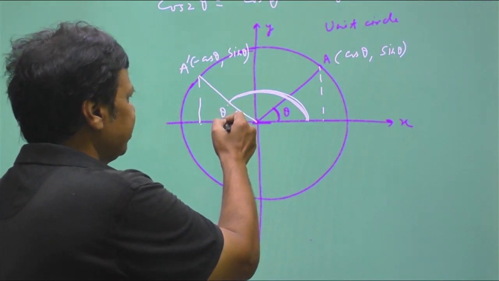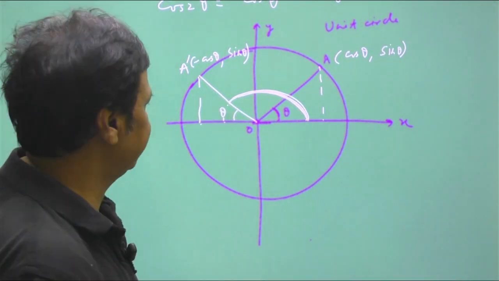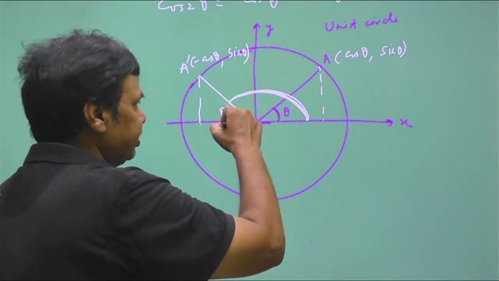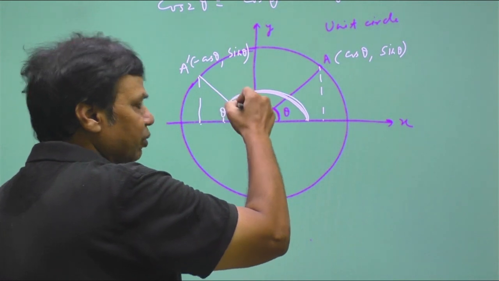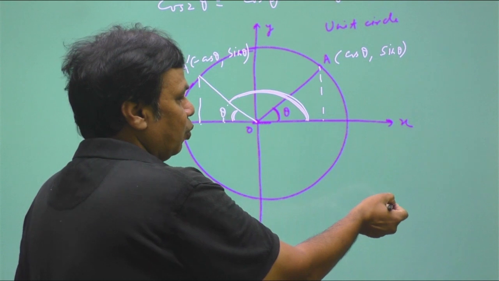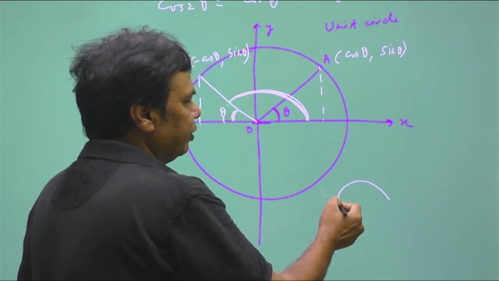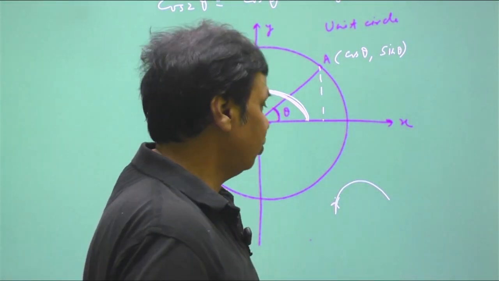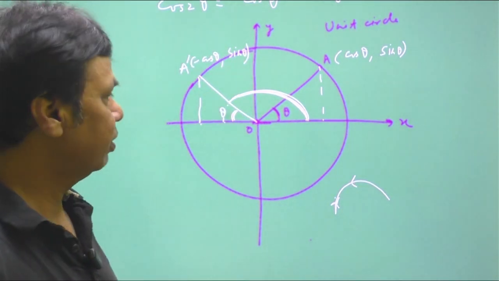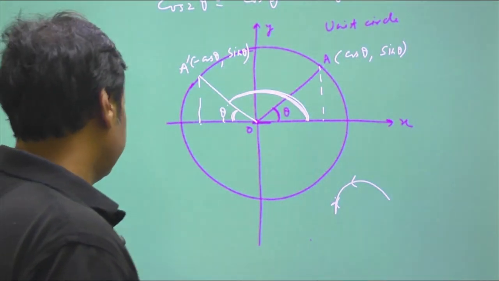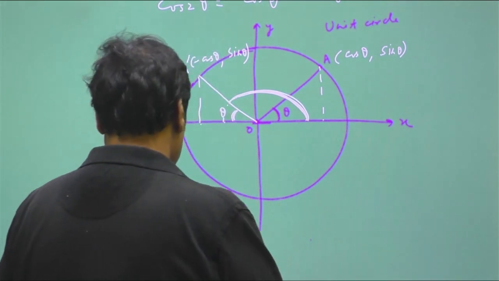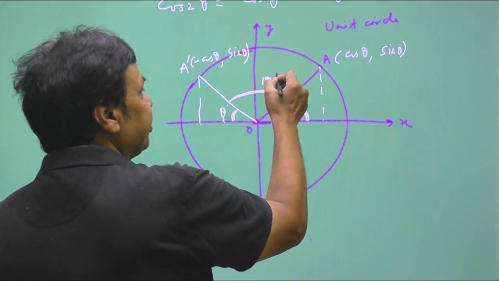Since the whole angle here is 180 degrees, you come here to here by 180 degrees in the anti-clockwise direction and then rotate your arrow in the clockwise direction by theta. So this angle will be 180 degrees minus theta.